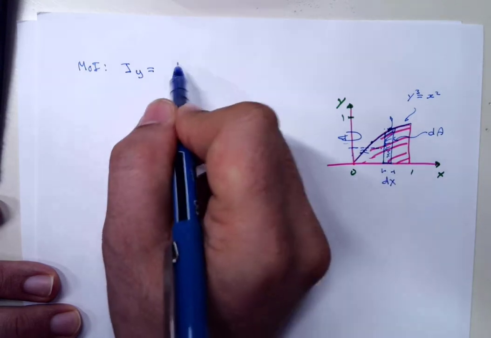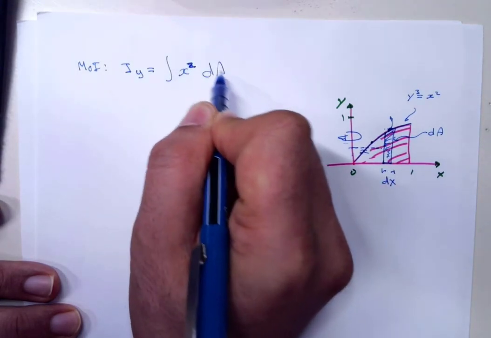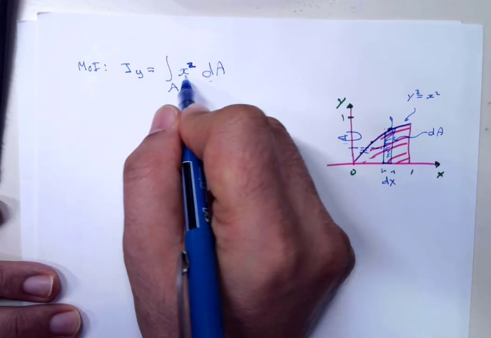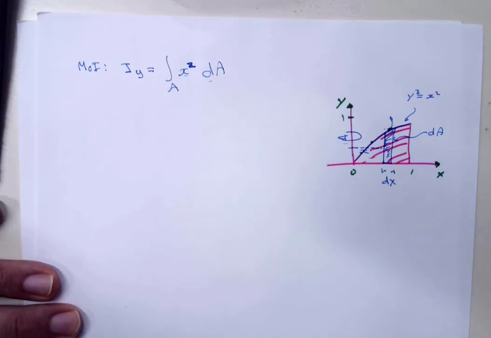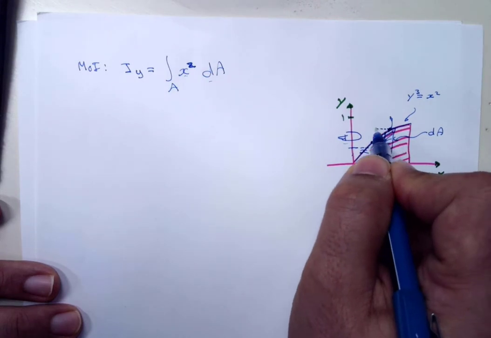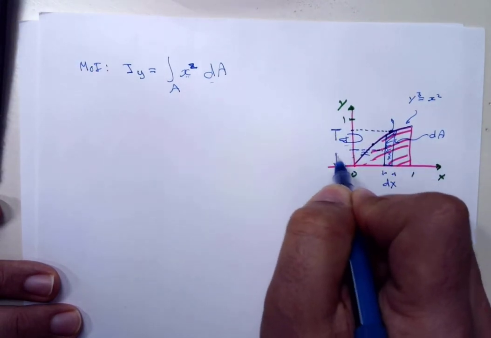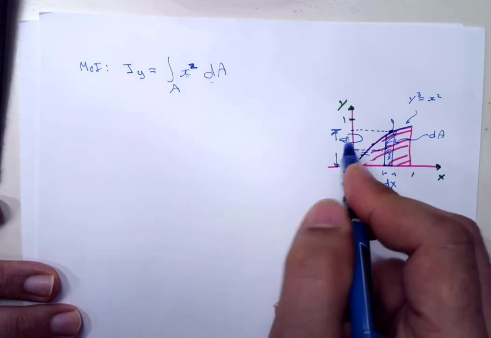So the distance squared times dA about the area. So this dA has to be everything in x so that I can do the integration. Great. So looking at that, I'm looking at the height, this height. So the dA is equal to dx multiplied by that height.